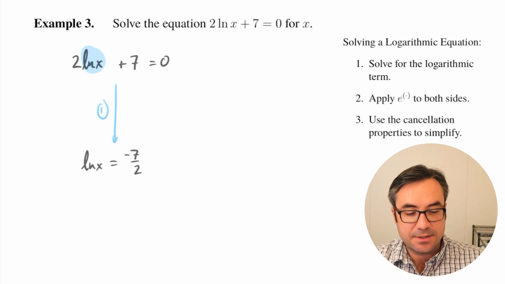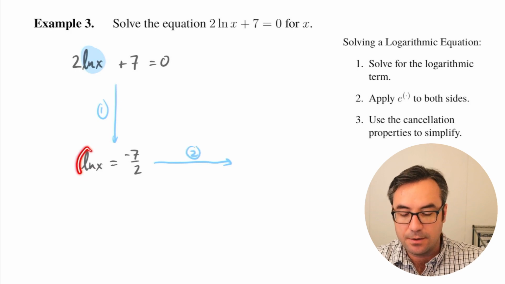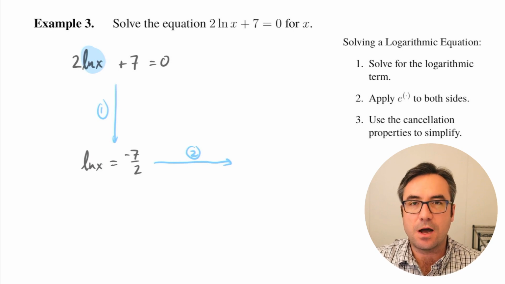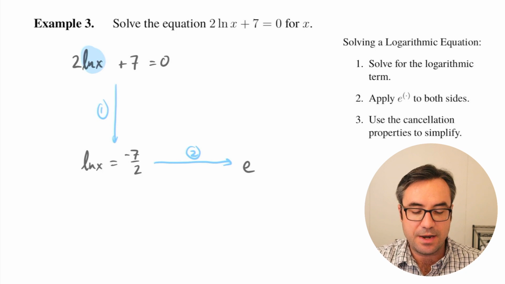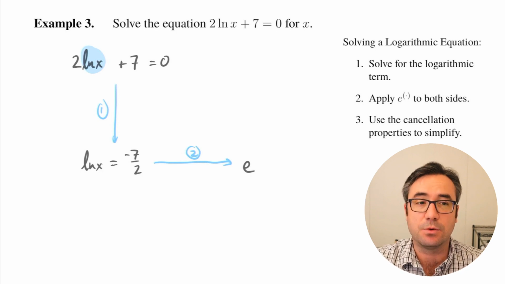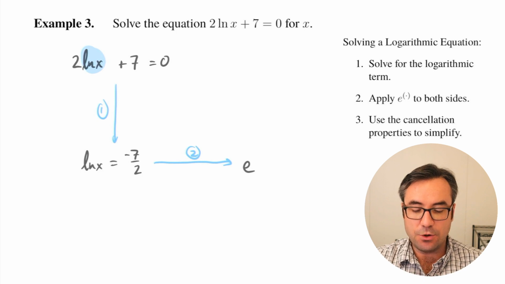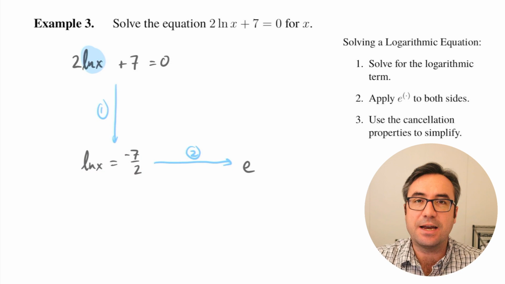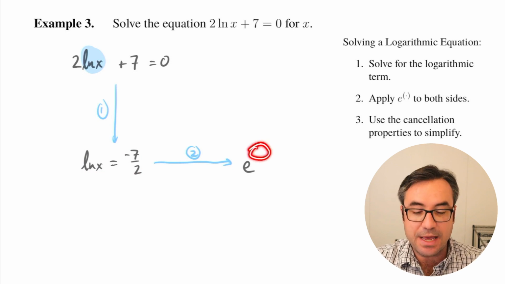Once we have that, the next step is we want to get rid of the natural log. We want that out of there. So the way to get rid of the natural log is with our exponential function, and we're going to apply the natural exponential function e to both sides. Now when we do that, each side of this equation is going to become the exponent.